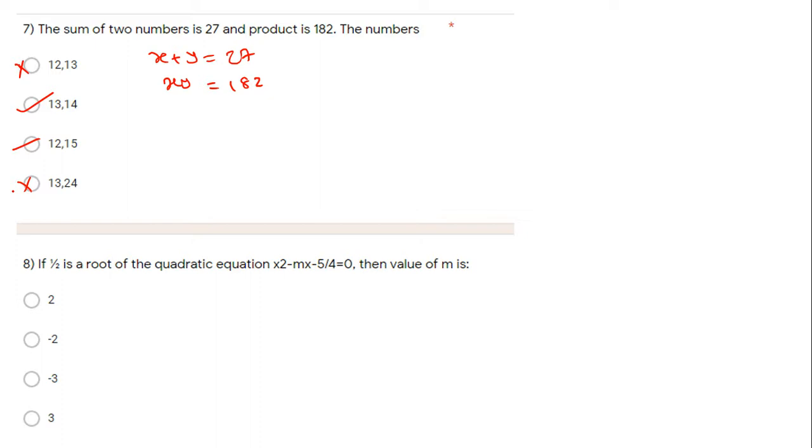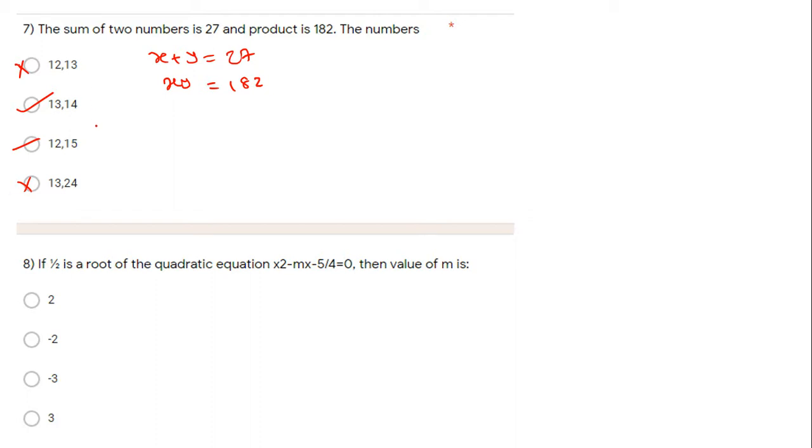These both options have sum 27. Now we have to check the second condition. The product should be 182. Then 15 times 12 is 180.